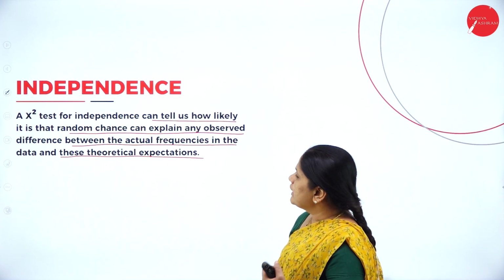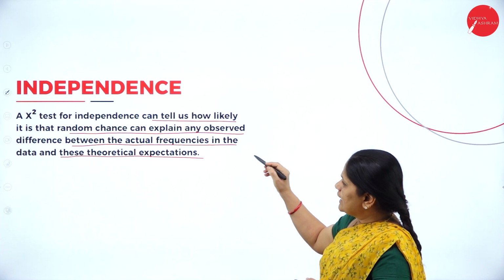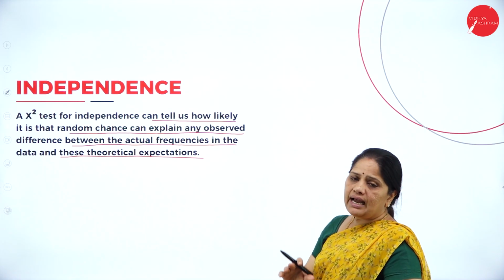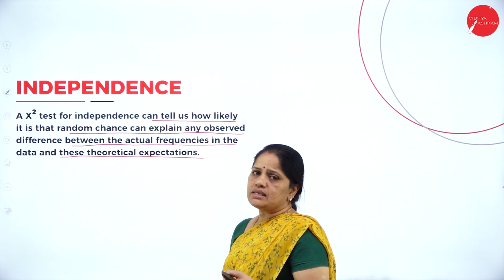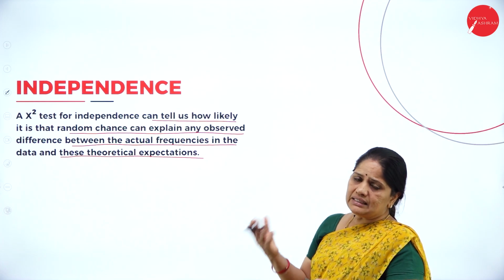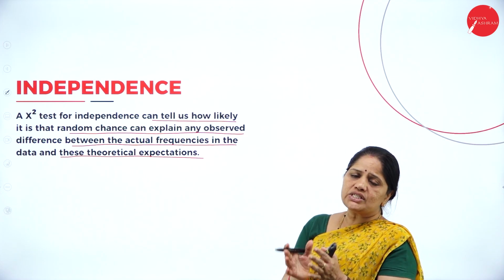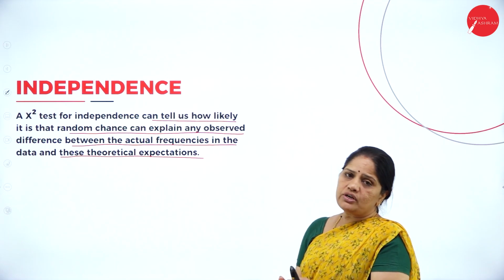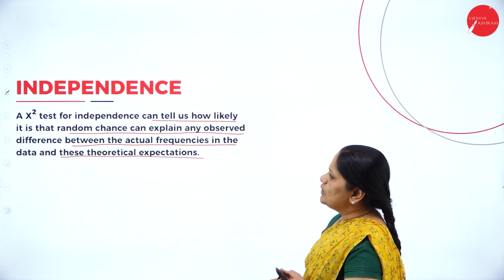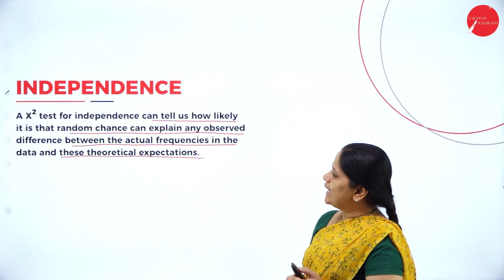The actual frequency is whatever you have collected, and the theoretical is what you assume. So, when you have a comparison between the two, we can know exactly. For this comparison, we need the chi-square test.